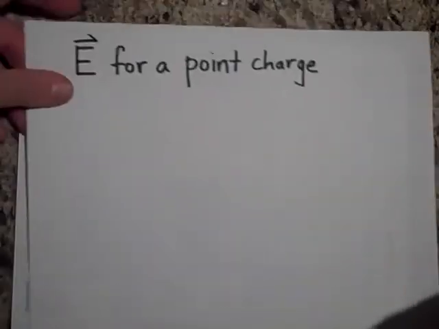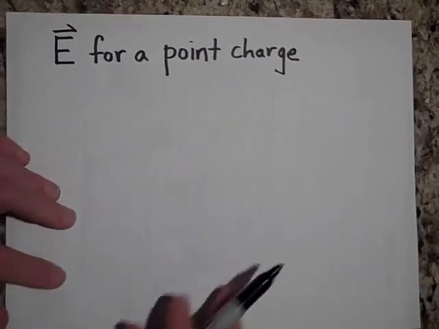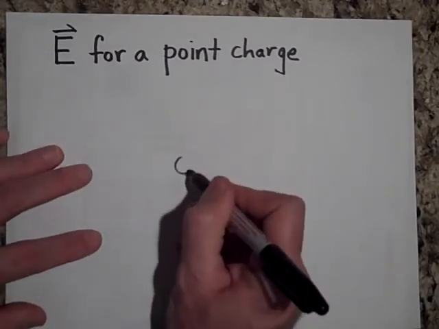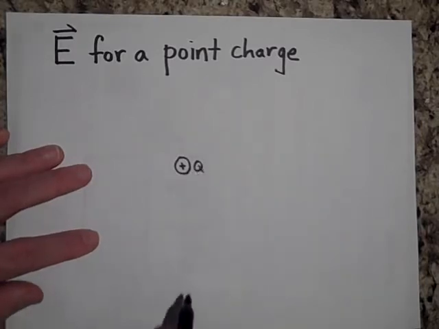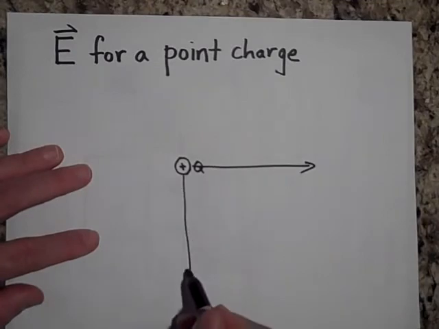Let's use this equation to find the electric field due to a point charge. Now we already know the electric field due to a point charge, but let's pretend like we don't know it. So here's a point charge Q. And as you might guess, there are electric field lines going out in all directions here.